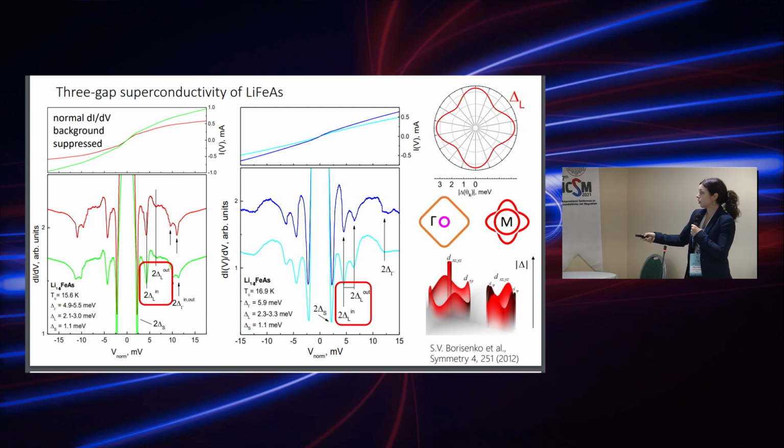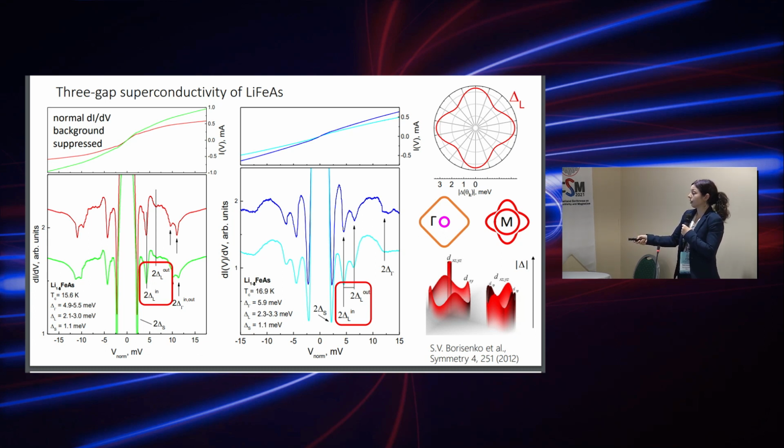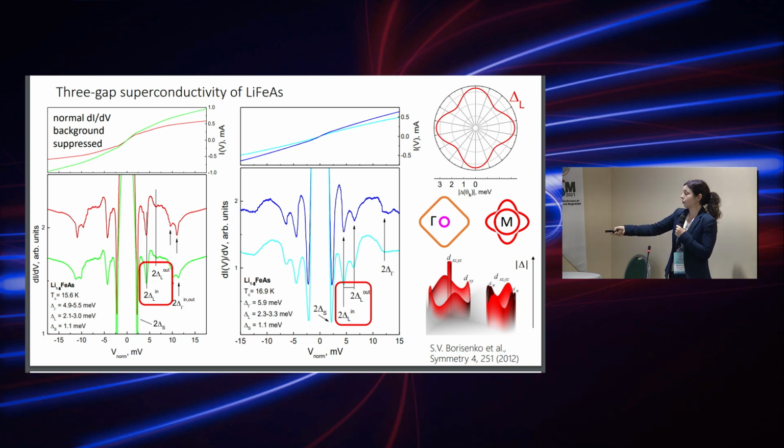At higher bias voltages, this nice doublet appears. It's rather wide, and the positions of the two dips, the inner and the outer, directly determine the energies of the second superconducting order parameter, its edge magnitudes Δ_L, from 2 to 3 meV.